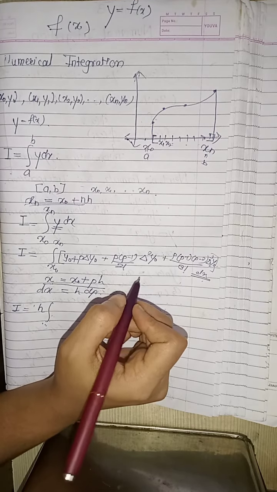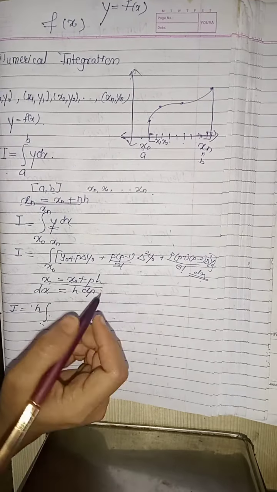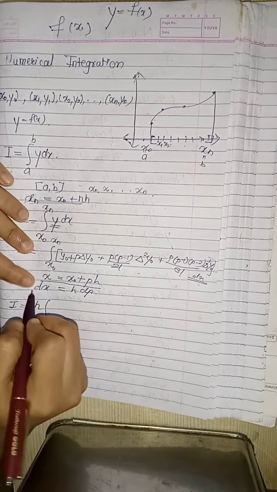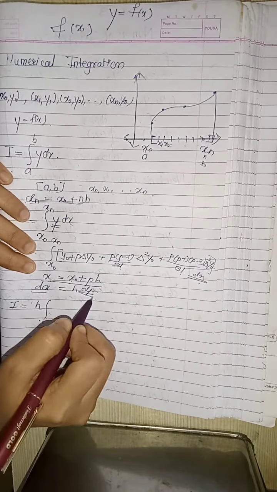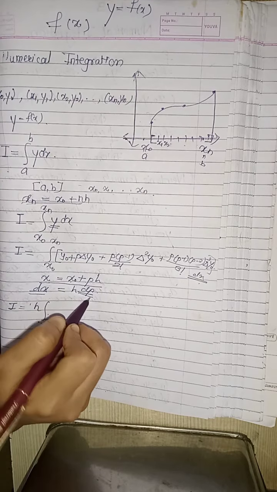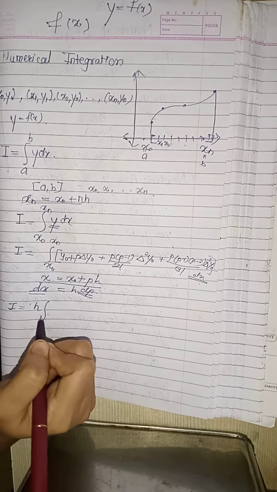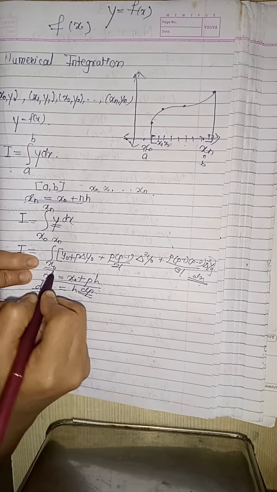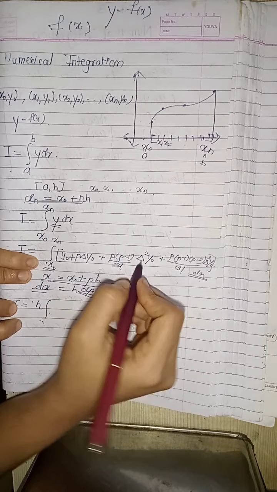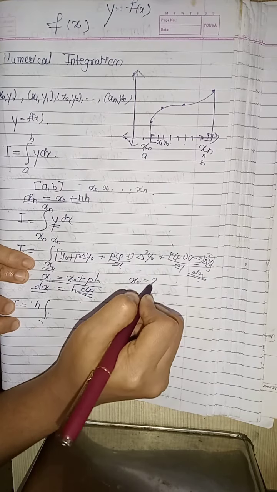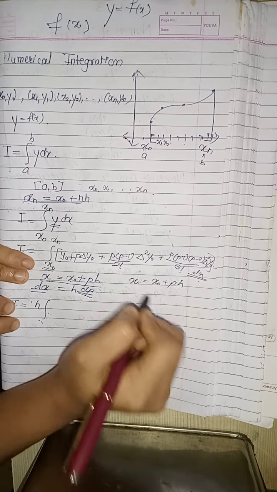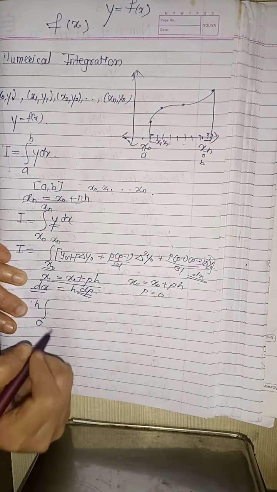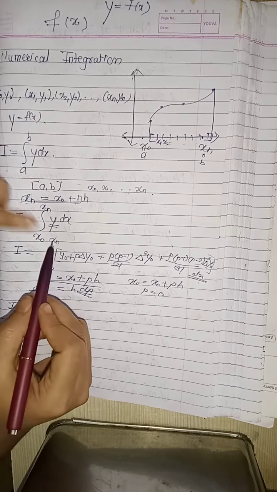As we have converted dx in terms of dp, we need to find the change in p. If the initial condition was x equals x0, then substituting here you get x0 equals x0 plus ph, so you get the value of p equals 0. Now p goes from 0 to the extreme condition, that is xn.